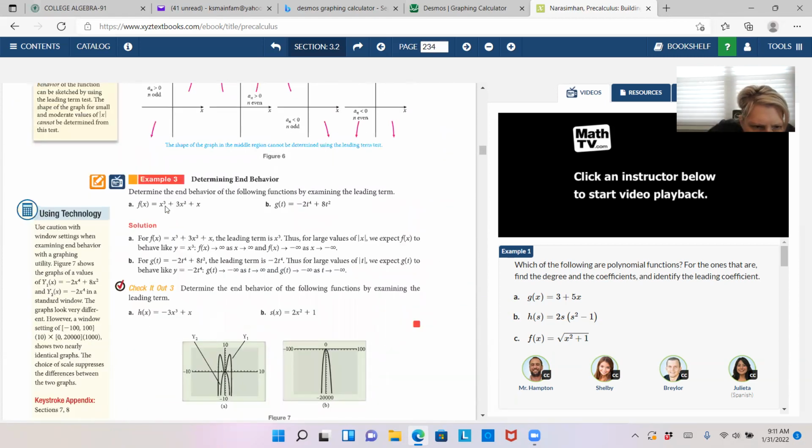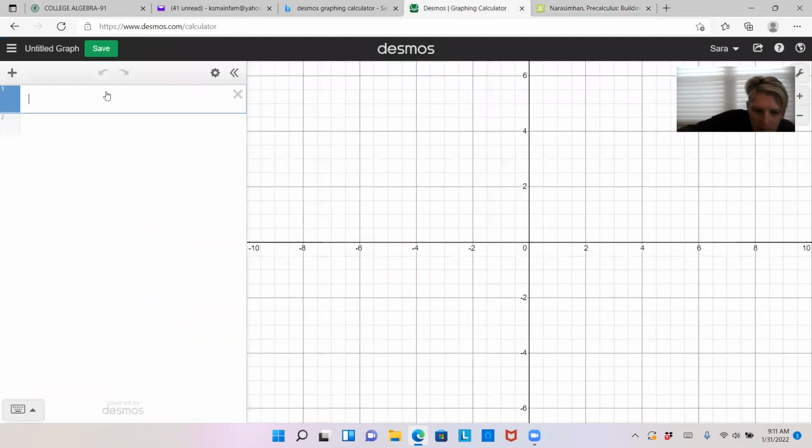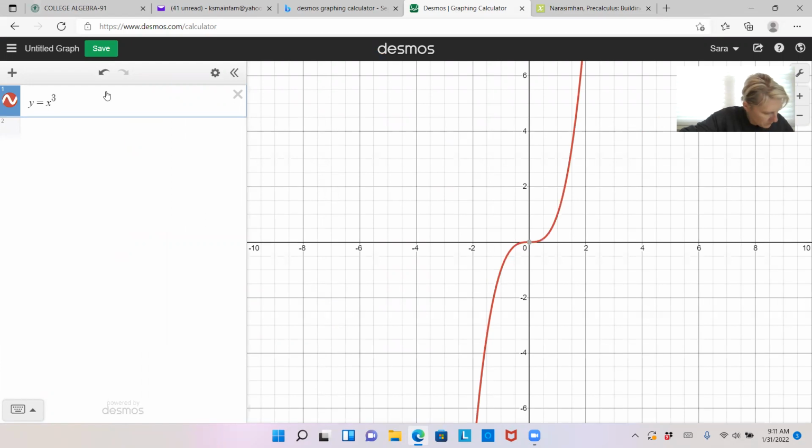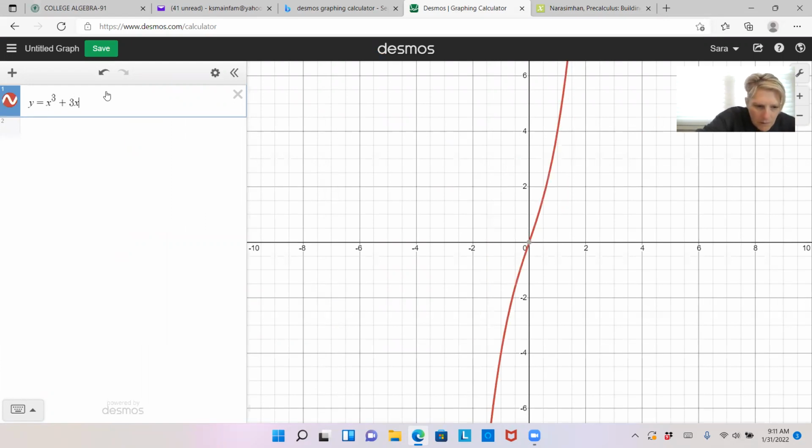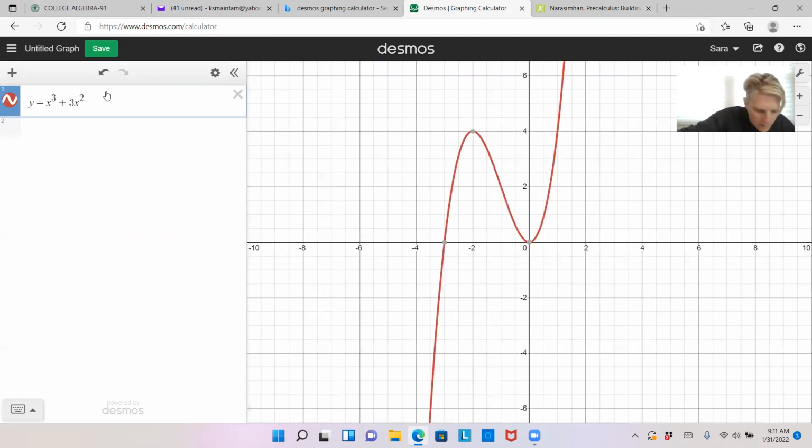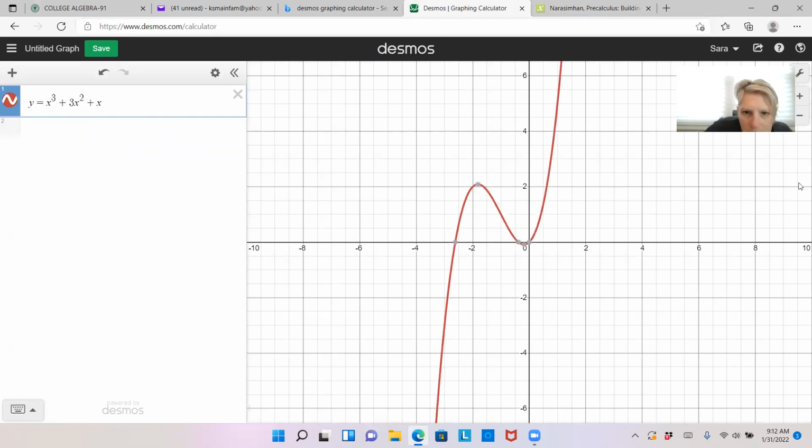I'm going to type in this x cubed plus 3x squared plus x for A here in the index, so you can see. You can see that it's doing a couple turns.